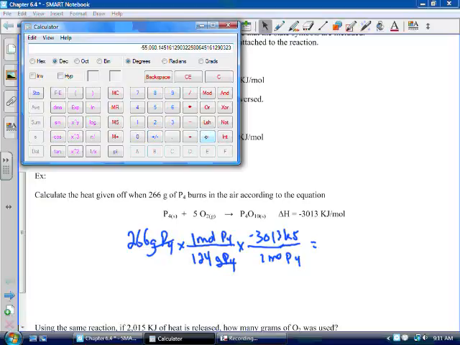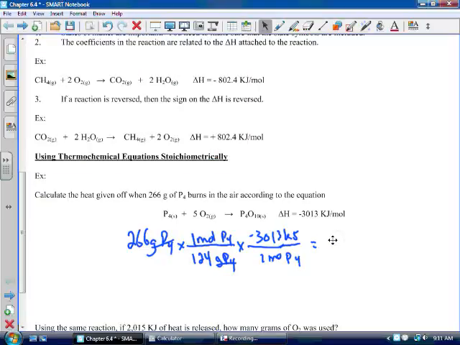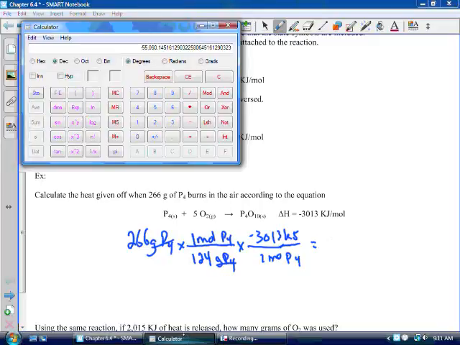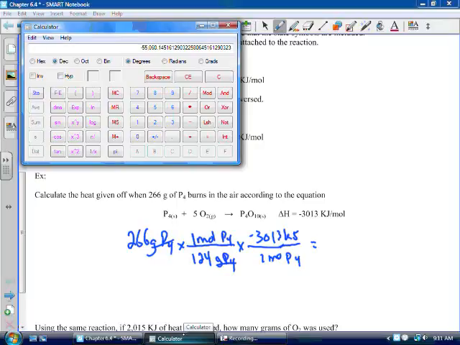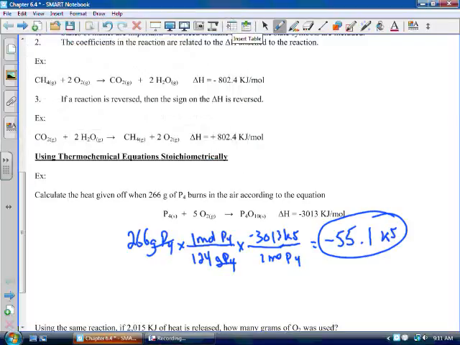And the answer is negative 55.06 kilojoules. Actually, 55.1, we'll say, kilojoules. So if I burn that much, that's how much heat energy would be generated. 55.1 kilojoules would be given off.